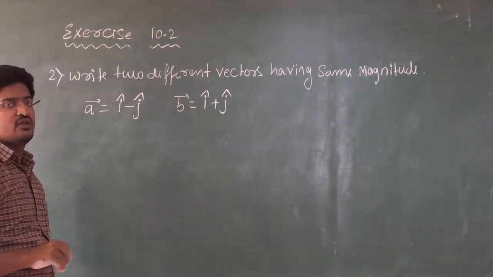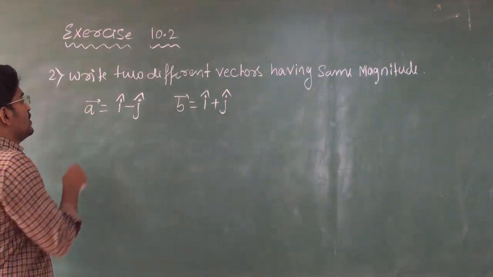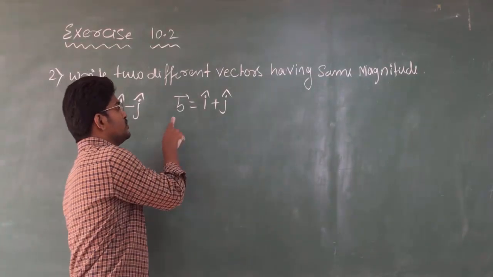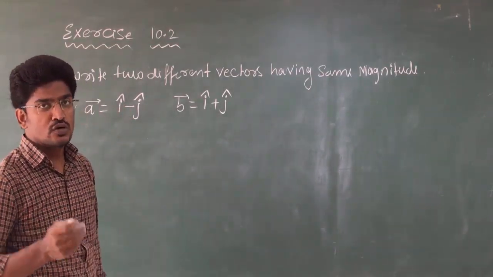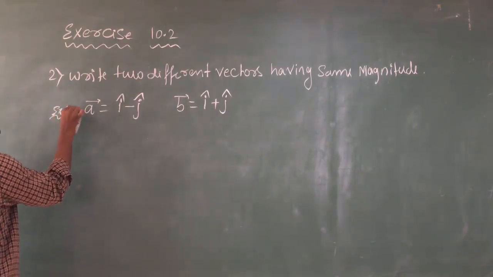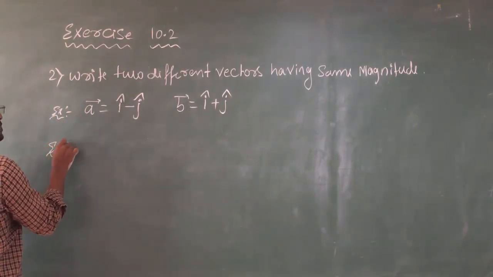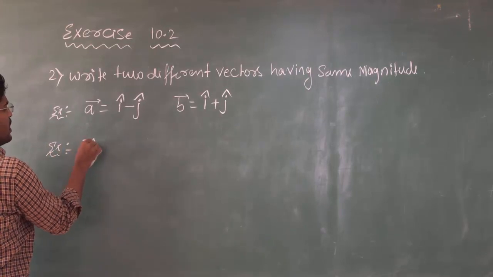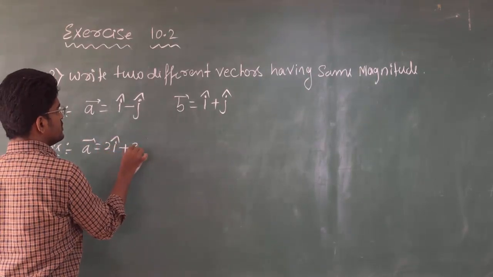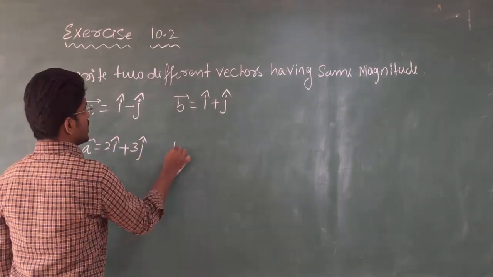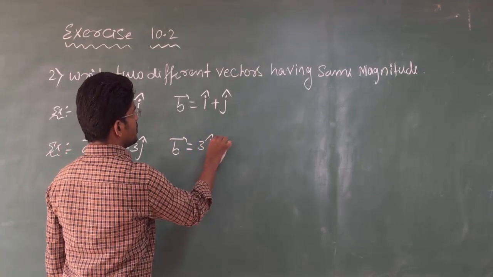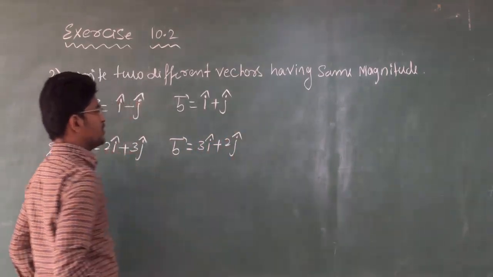Both are different vectors, but the magnitude of A is root 2 and the magnitude of vector B is also root 2. Clear? You can write this as an example. Another example: vector A I can write as 2i cap plus 3j cap, and vector B as 3i cap plus 2j cap. Clear?